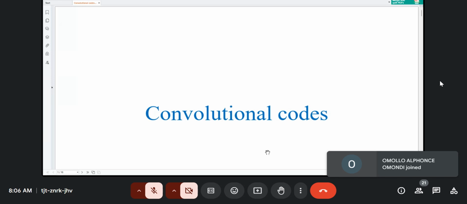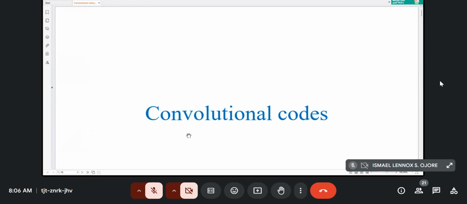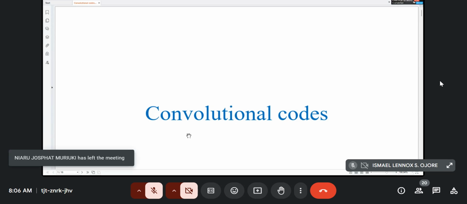Again, here we are going to look at cases where we have the generator matrix, or rather the generator polynomials, and we see how we generate the code words.